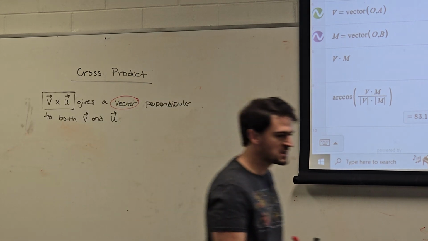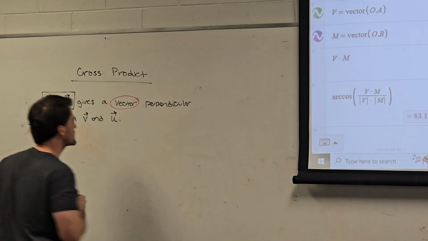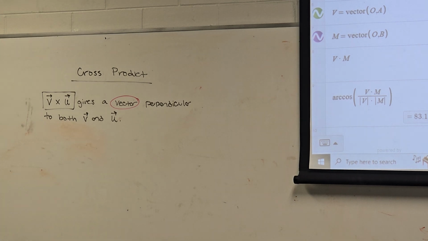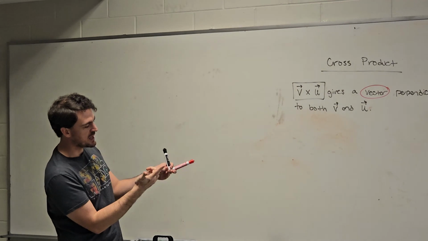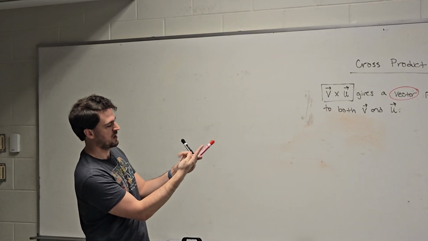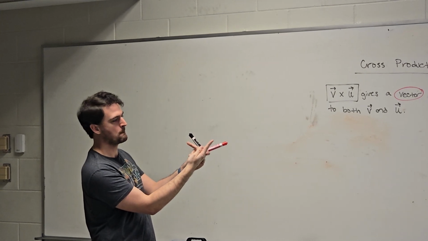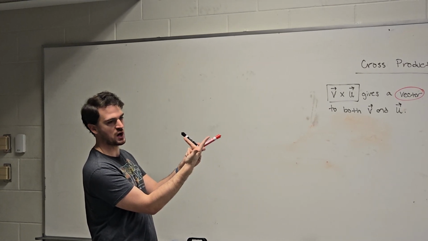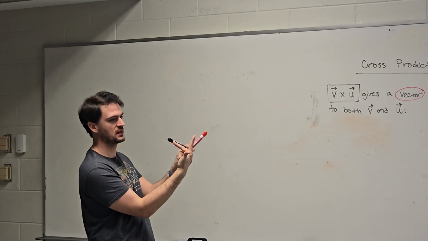This is where we get into the quote-unquote right-hand rule. To know the direction of your cross product, you take your right hand, put your index finger in the direction of the first vector, your middle finger in the direction of the second vector, and that shows you the direction of the third vector.